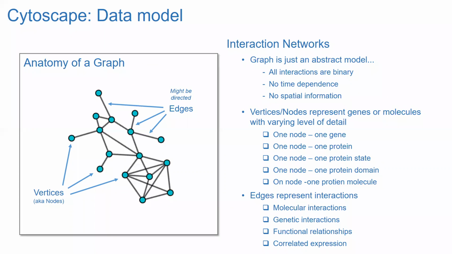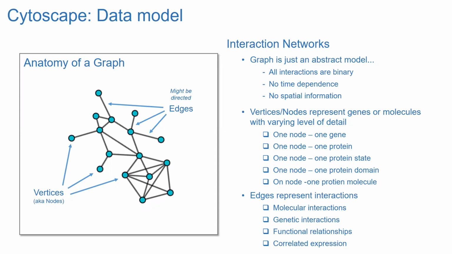You can assume that the node in the graph is corresponding to one gene, or one protein, or one protein state, or one protein domain, or one protein molecule. It's up to you. The most common are the two versions here.